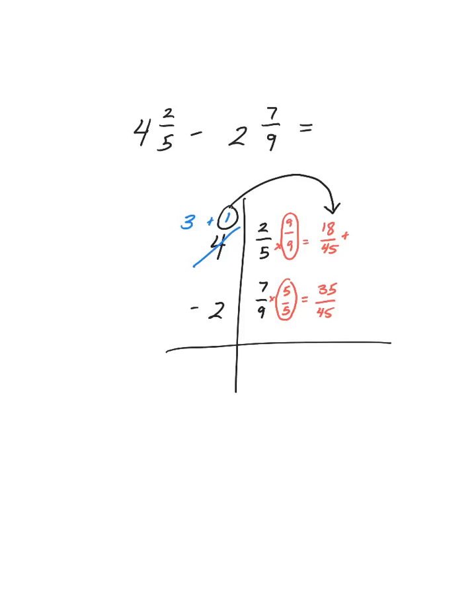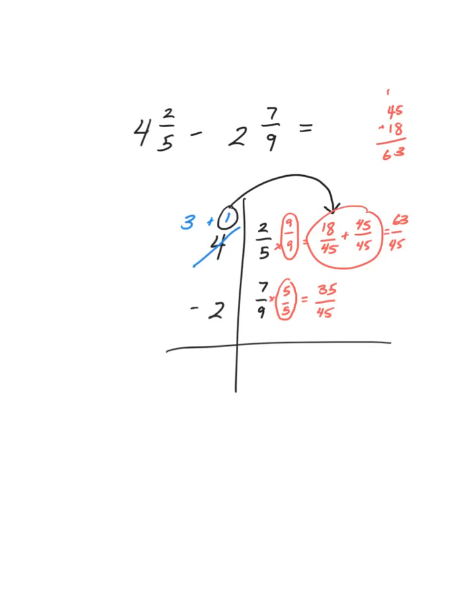The name of the fraction is 45ths, and 1 whole equals 45/45. All together here, I have 45 plus 18 45ths. So I'm going to add that up. 45 plus 18 is 63. So I have 63/45.